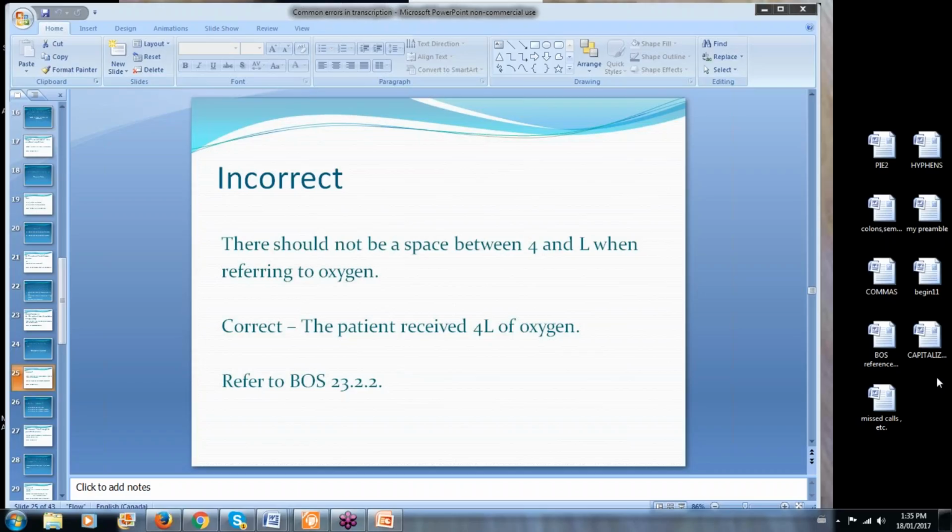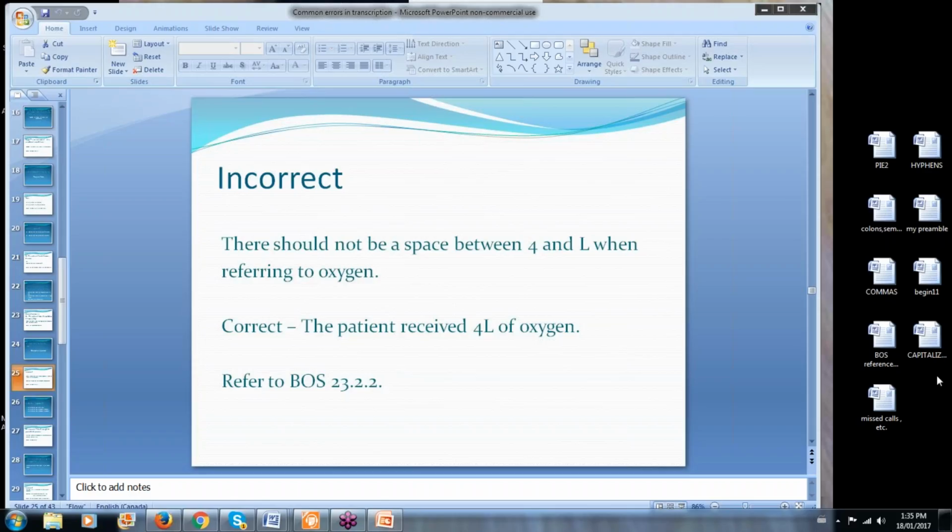That's about all it says. For some reason, in the industry it's preferred to have no space when it comes to oxygen. I'm not sure why. It's just the rule they came up with.